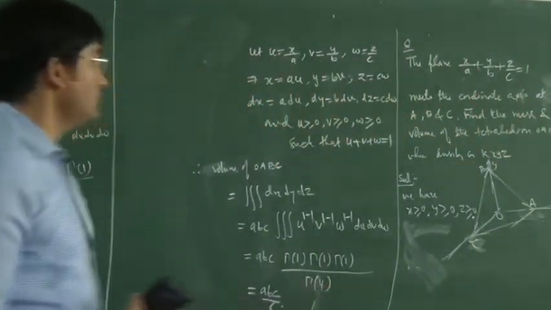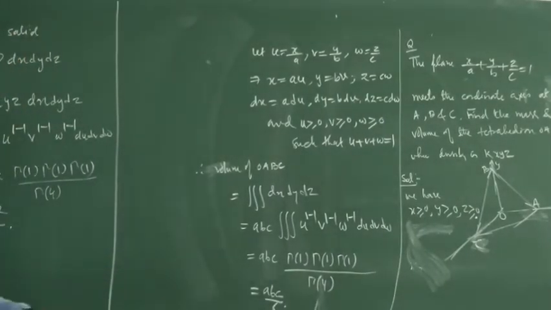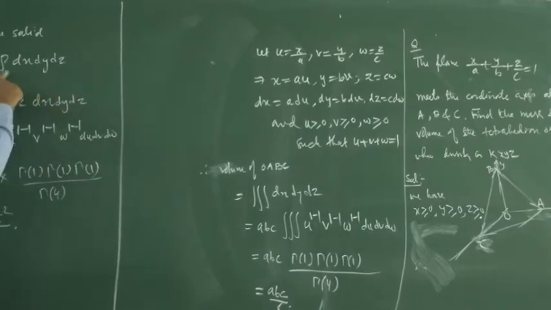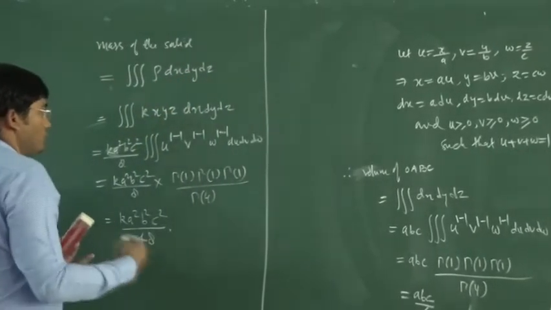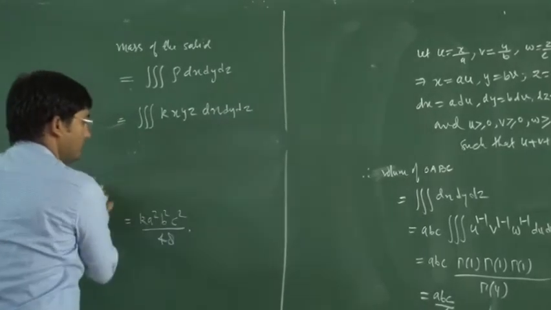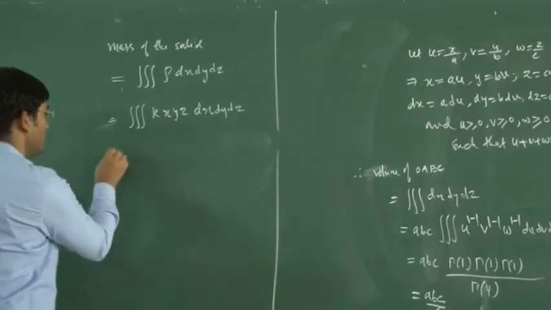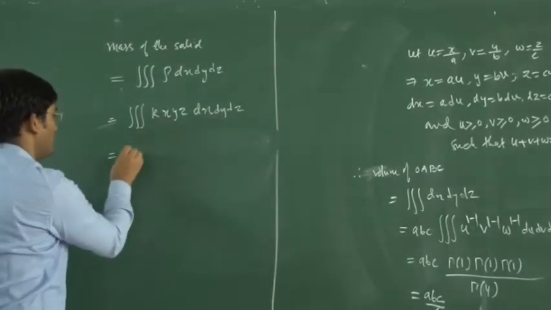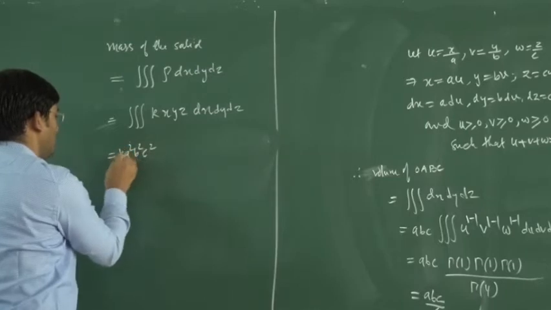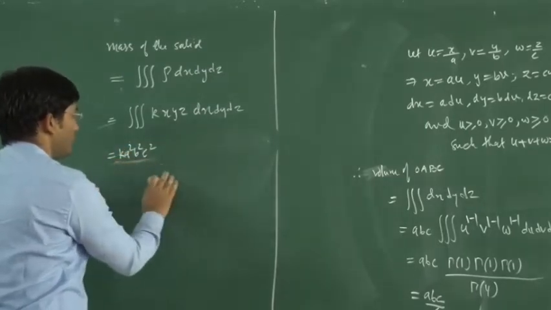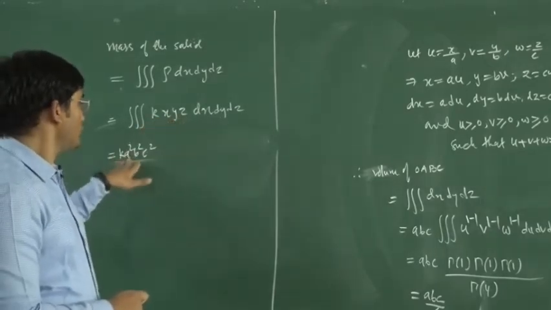And now let us calculate the mass of the solid, and the mass of the solid will be the triple integral rho dx dy dz. So put the values of dx, dy and dz. Our x is au, so this will be a squared b squared c squared into k, the value of your constant.